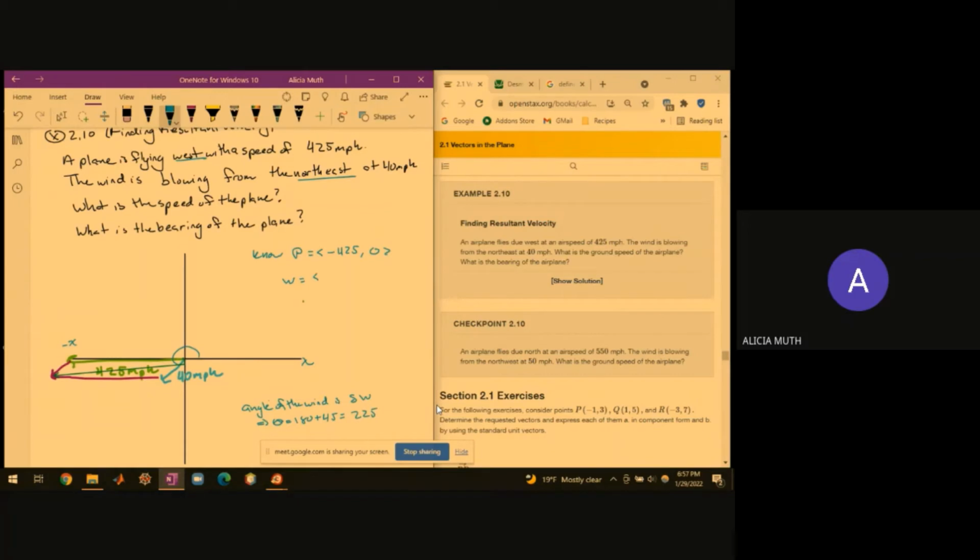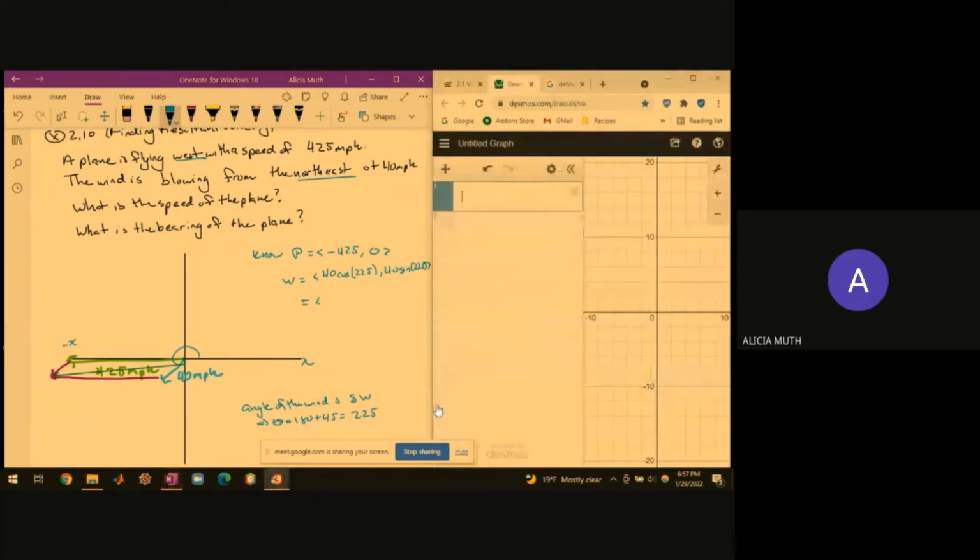All right, so that has components 40 cosine of 225 and then 40 sine of 225. Okay. If you did the checkpoint, you should already know what that equals. Let's go ahead and compute it.